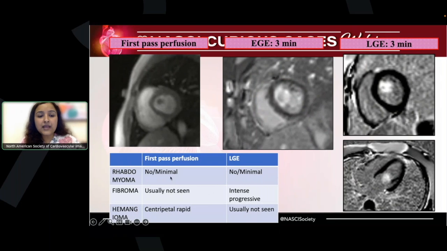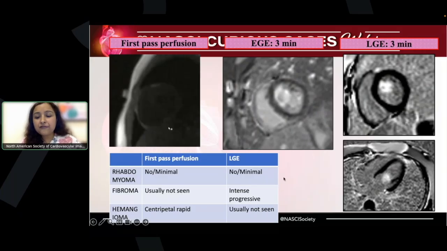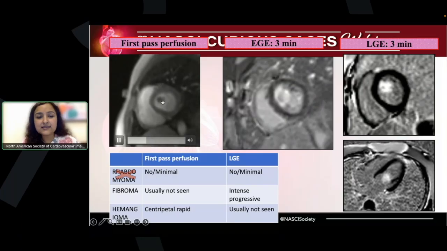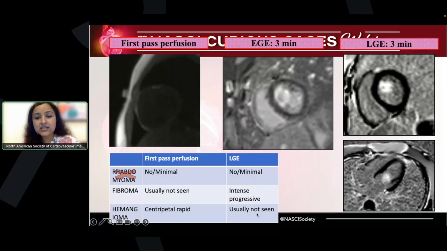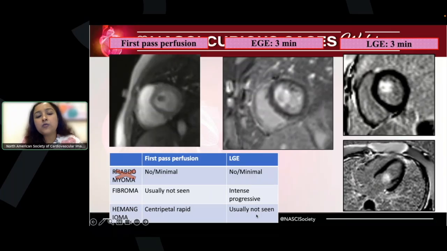And rhabdomyoma usually does not show first pass perfusion, and even LGE is very minimal. So rhabdomyoma was out in our case, because there was definitely some first pass perfusion and enhancement. But we were not really sure about fibroma and hemangioma. To be honest, I leaned more towards fibroma in this particular case.